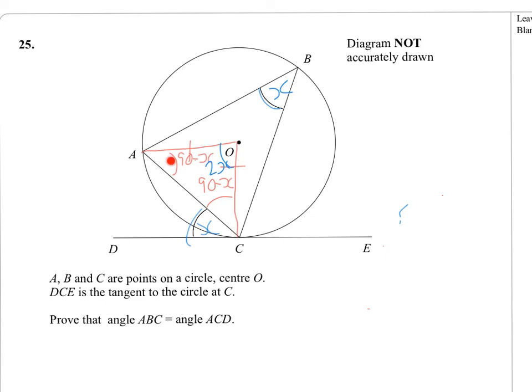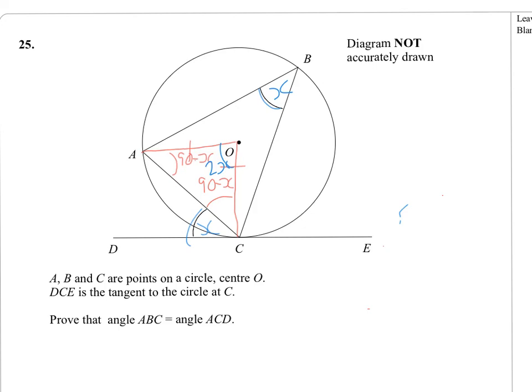If I add those up, I get 180 minus 2x, so that means that must be 2x if they all add up to 180. If that's 2x, that's going to be half of it, because it's one of the circle theorems that the angle at the centre is double the angle at the circumference, or the other way around, the circumference is half of the angle at the centre.